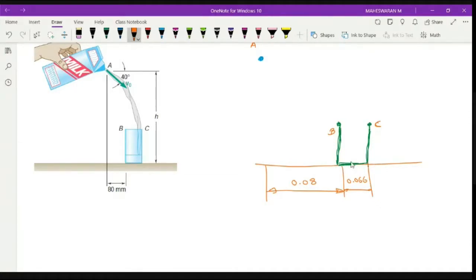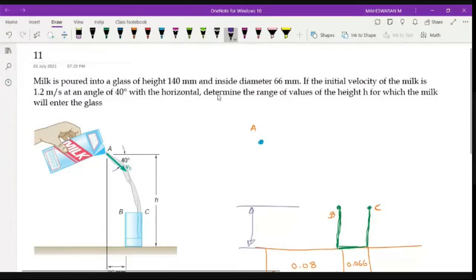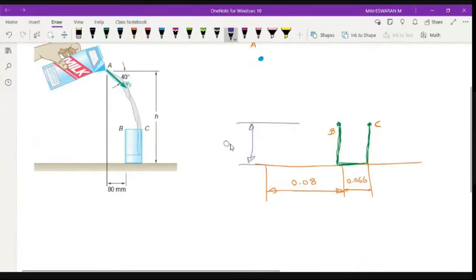And I know this vertical distance of the glass, 140 mm height, which means 0.14 meter, right? And this distance I don't know. So the distance from here to here, I don't know. So that is what they are asking you to identify. Let me consider this as y. This data is not known.